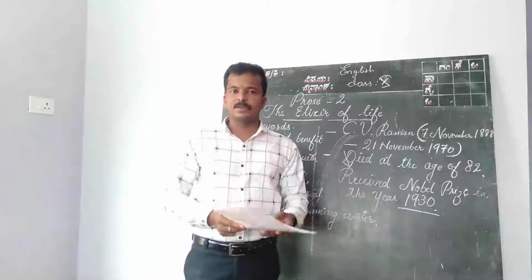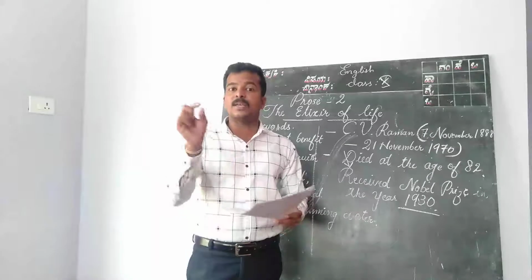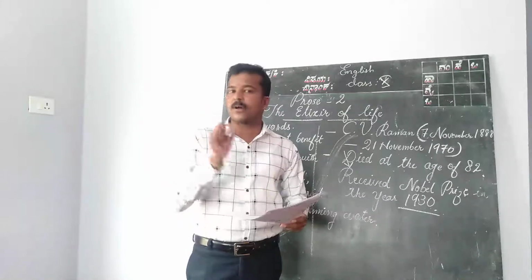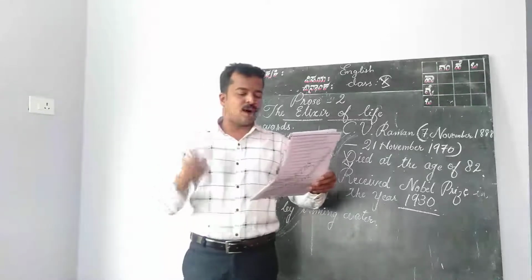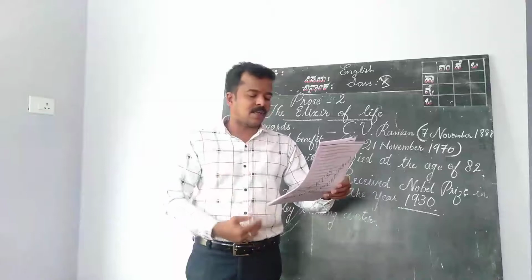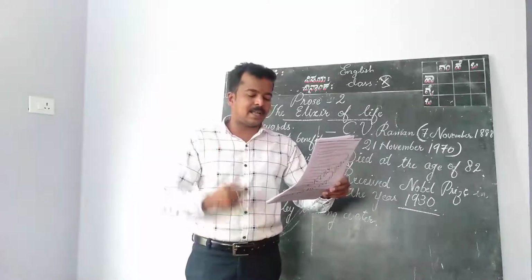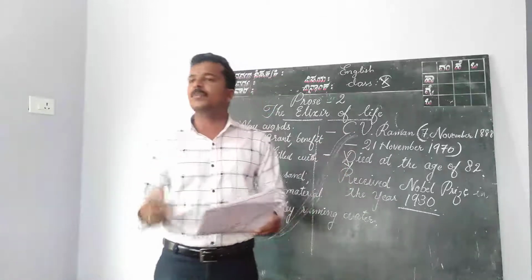Am I right? So water is the real elixir of life, though it's a common substance, according to C.V. Raman. It has played a role of vast significance in shaping the course of the earth's history and continues to play the leading role in the drama of life on the surface of our planet.